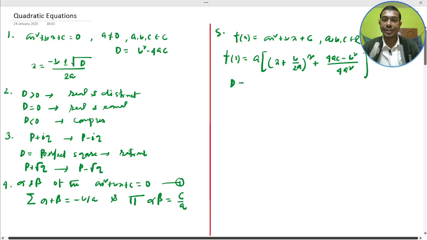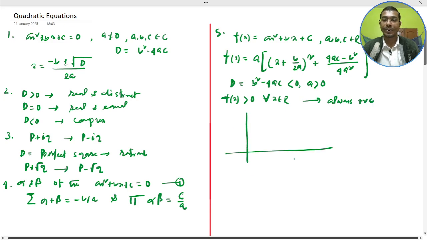Where D equal to b square minus 4ac is less than 0 and a greater than 0, the function f(x) should be positive for all x belonging to R, always positive.